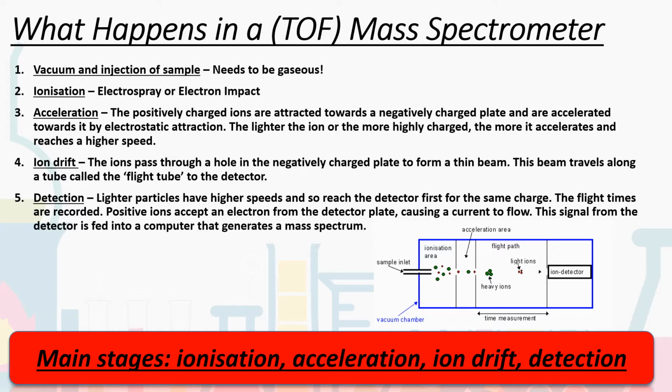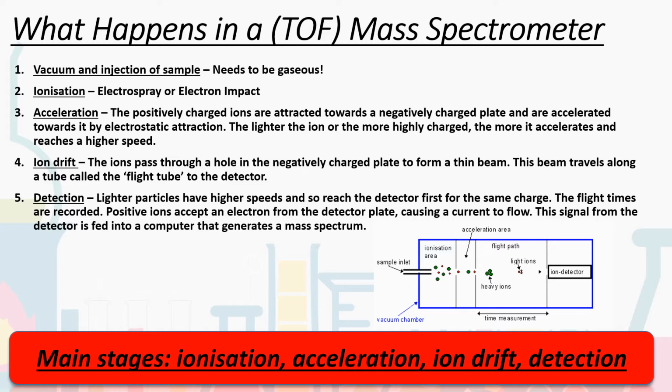Now, once these positive ions hit the detector plate, electrons flow to neutralize that charge, essentially to create back the neutral molecule. And so the positive ions accept the electron. When we have an electron flow, that's a current. And so our computer that we've linked this to can read this current measurement. And so the signal from this detector is fed to the computer, and this generates a mass spectrum.